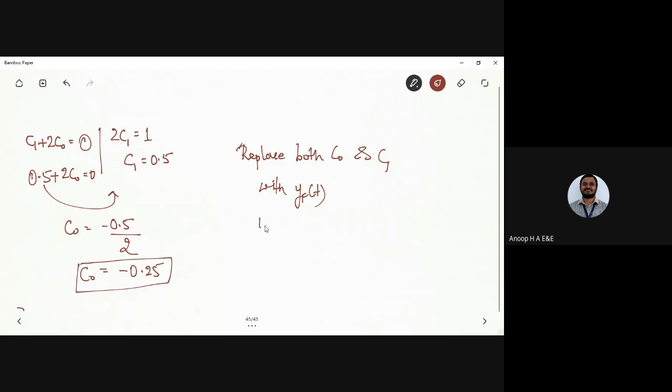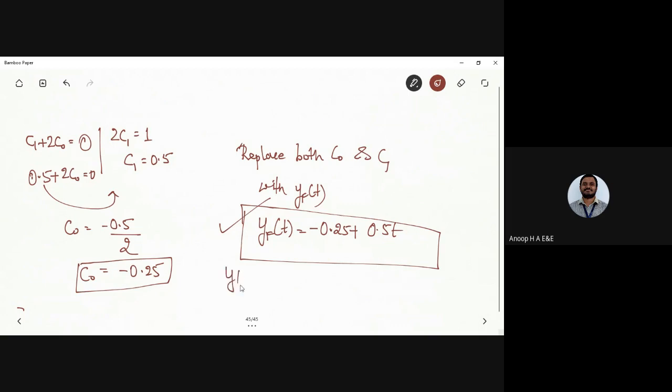We are going to get yf of t equal to minus 0.25 plus, okay, C1. What is the value of C1 here? C1 is 0.5 into t. So this is the forced response of the signal, which is yf of t equal to minus 0.25 plus 0.5t. Got it? So this is how I'll be evaluating the forced response of the system.